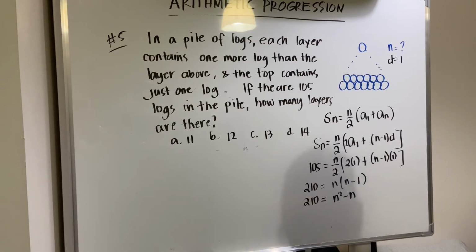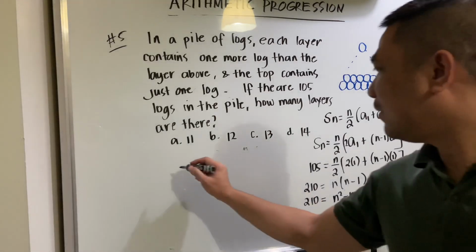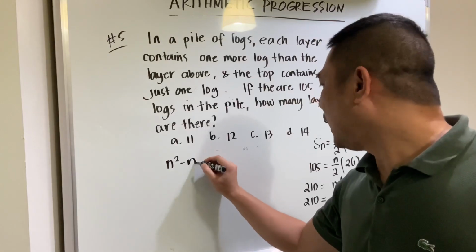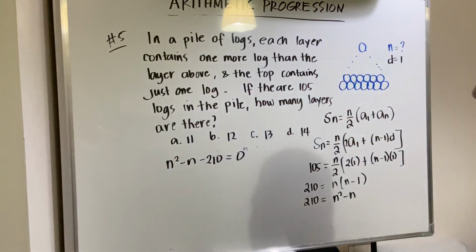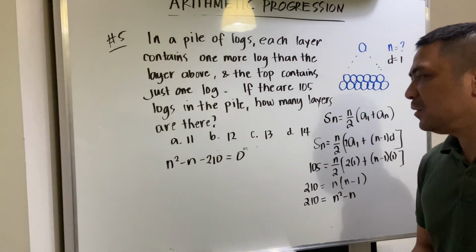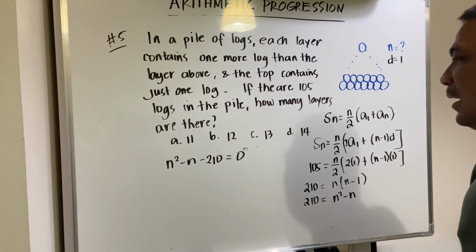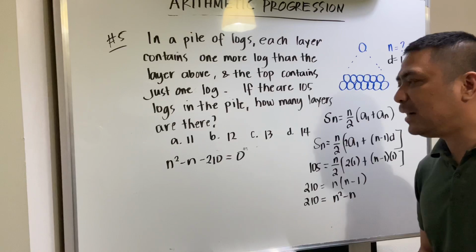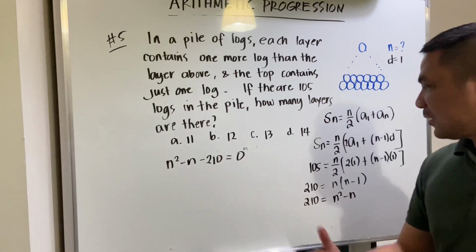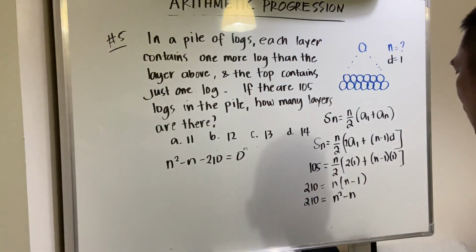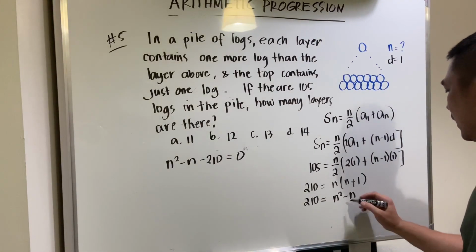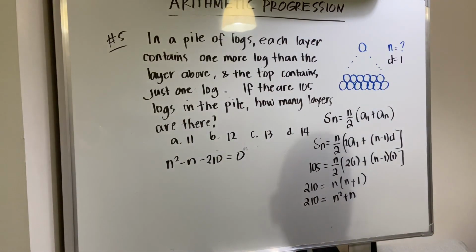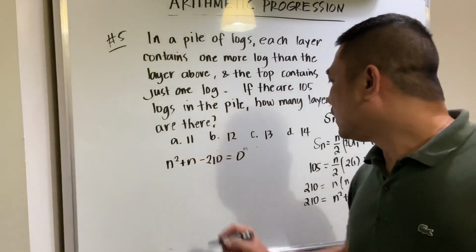So it's a quadratic equation, so we have n squared minus n minus 210 is equal now to 0. I think this is factorable, so we just have to think of 2 factors of 210. When you add those factors, you should get a value of 1, this is plus n then.